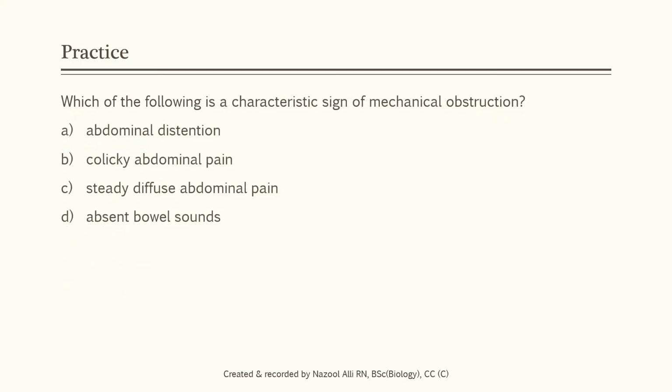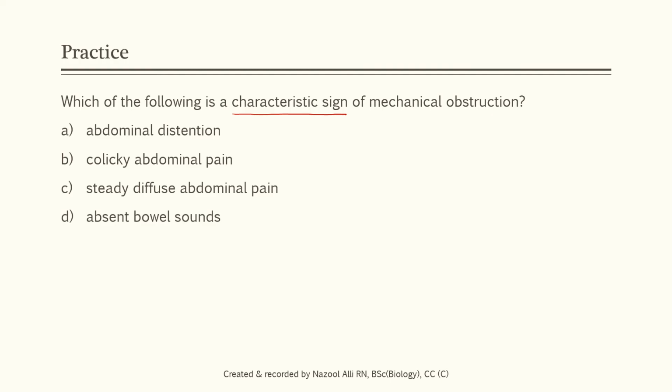Which of the following is a characteristic sign of mechanical obstruction? Abdominal distension, colicky abdominal pain, steady diffuse abdominal pain, and absent bowel sounds. When you're looking for the key words in the stem, it is: which of the following is a characteristic sign of mechanical obstruction?